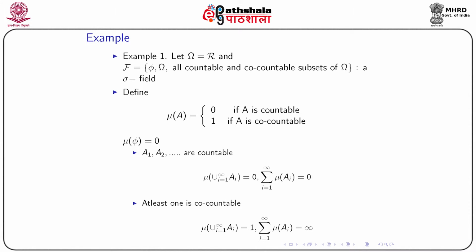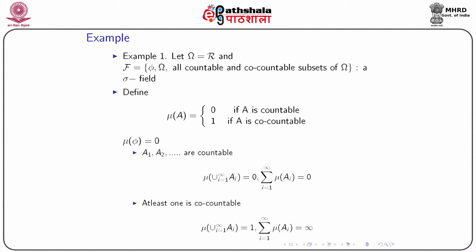Now, if we assume that at least one is co-countable, then the union over i from 1 to infinity of Ai will be co-countable. So, the measure defined on this set will be 1.